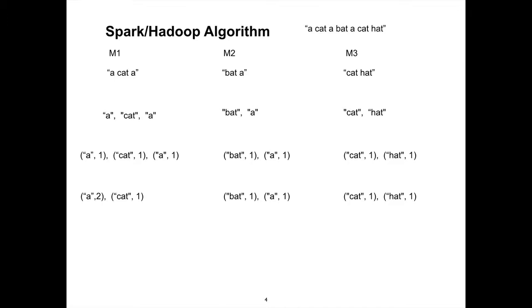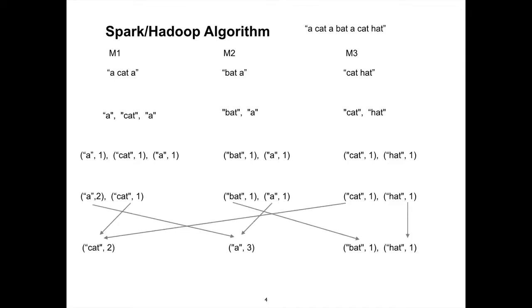We're going to send all the tuples with the same key to a single machine, right? So in this case, we'll send cat to the first worker, we'll send A to the second worker, and we'll send bat and hat to the third worker. And then we can do another reduce by combining all the tuples that have the same key, right?